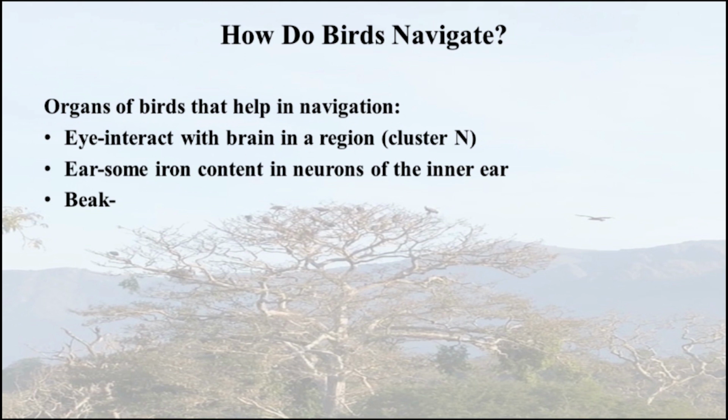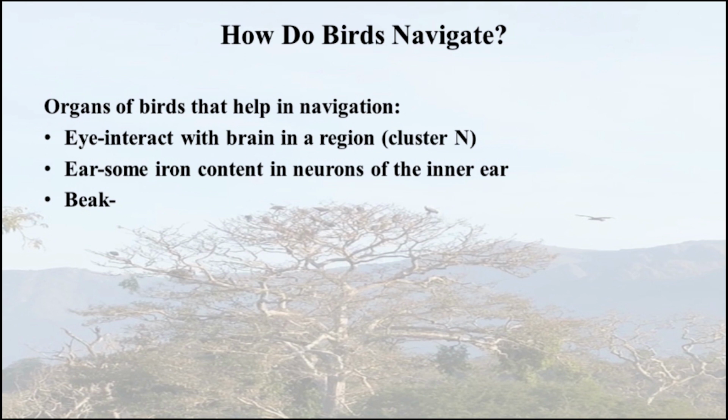Tiny amounts of iron in the neurons of a bird's inner ear also help in this determination. Most surprisingly, a bird's beak helps contribute to its navigational ability. The beak helps birds determine their exact position.